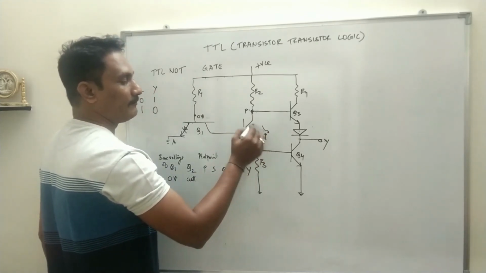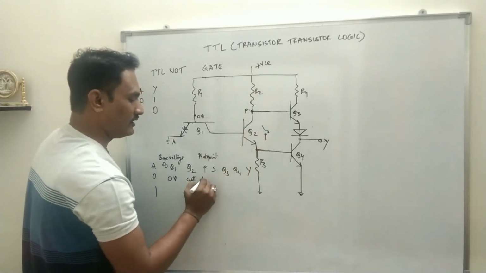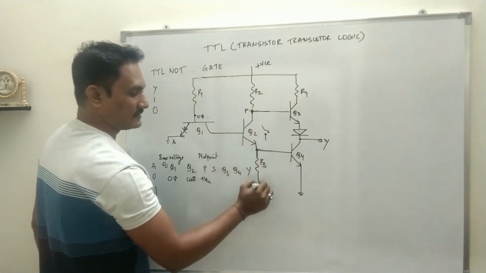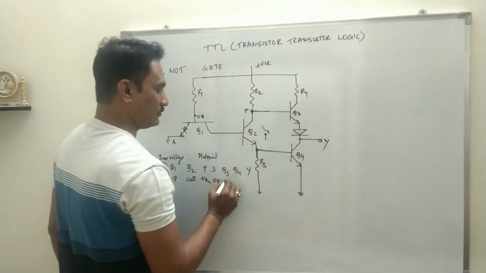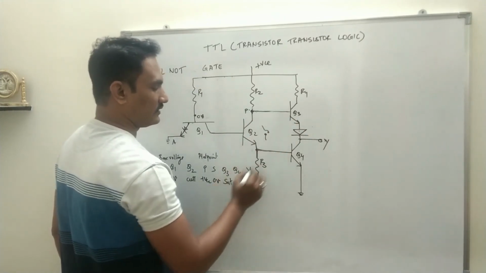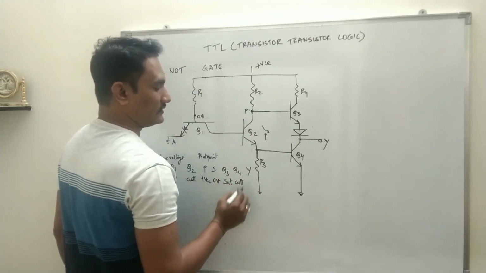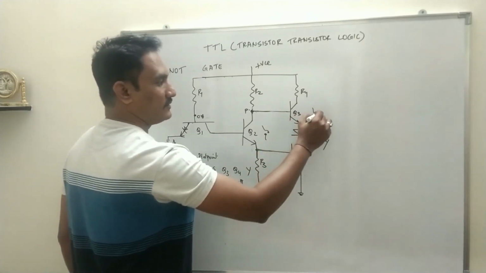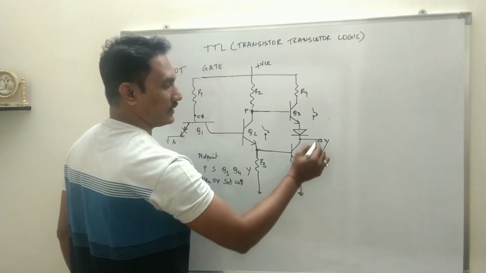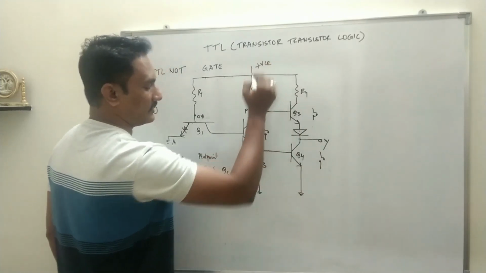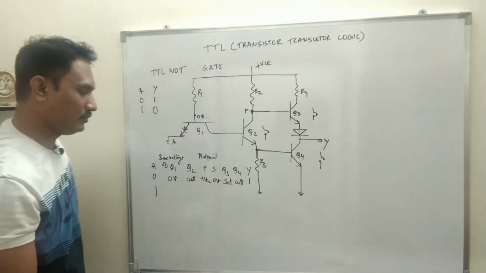If it is open, P gets connected to plus VCC, S is connected to ground, that is 0 volt. If that is the polarity, Q3 will be in saturation region, Q4 will be in cutoff region. Saturation means on state, this is off state. So Y cannot be connected to ground, Y is connected to plus VCC, Y will be equal to 1.